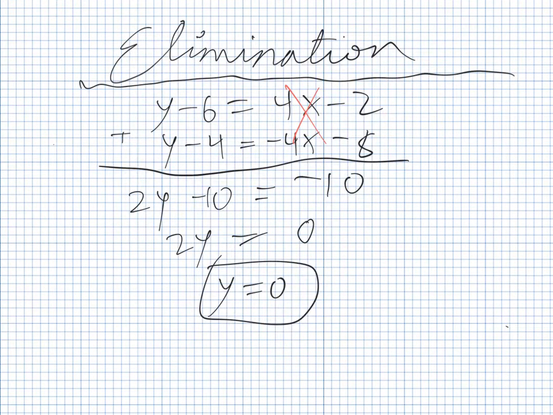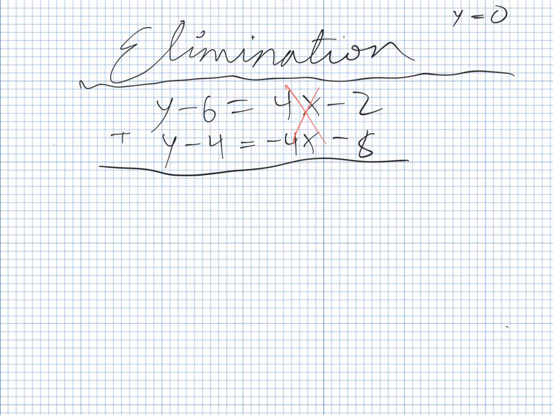So now we're going to put this value up here where it's safe, and erase the board. Now that we've found the value of y, we're going to plug it in for both equations. So on the top equation, that would be 0 minus 6 equals 4 times x minus 2.